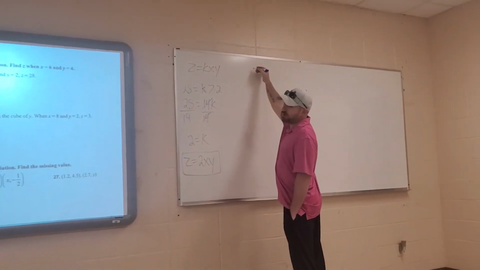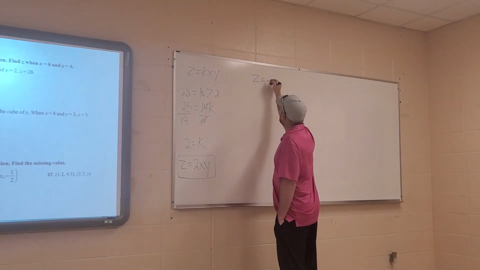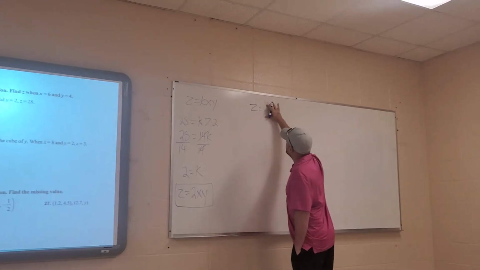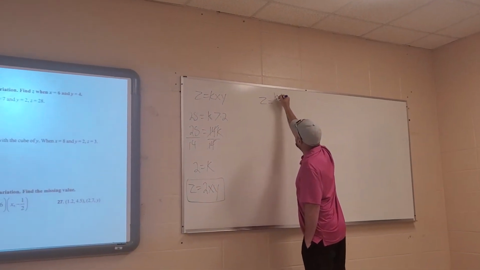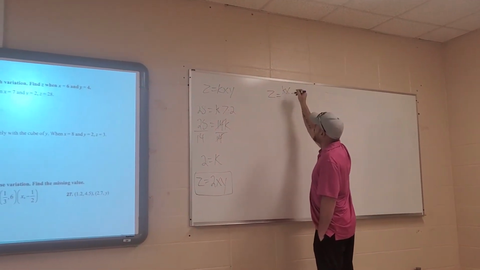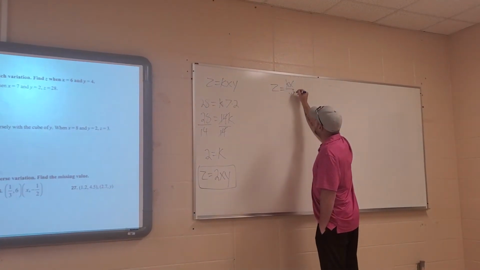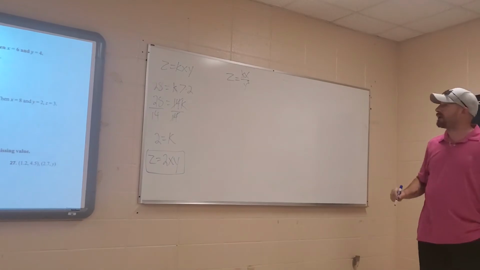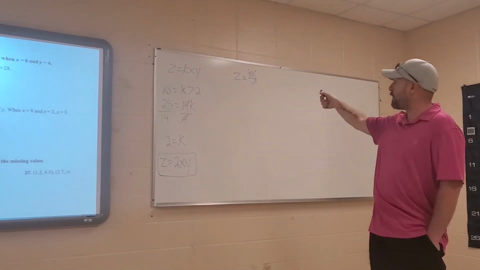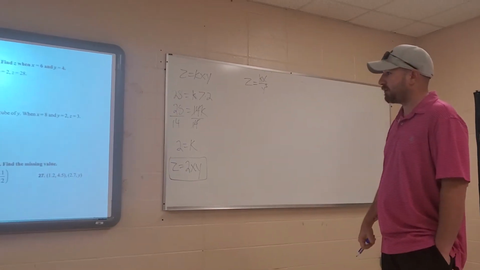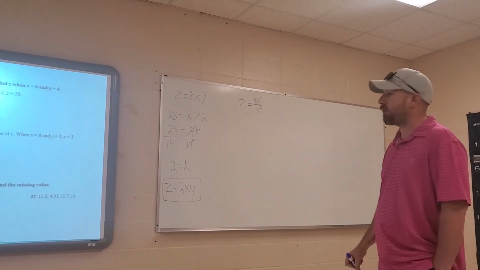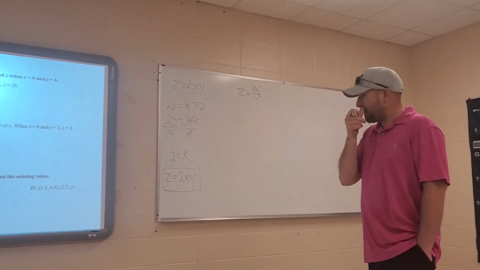So for number 24, you need to use z equals kx over y cubed. And you guys are going to have to plug in the numbers for number 24 and solve it from there. I'm not going to do the rest. You guys can do it. But you need to use z equals kx over y cubed. Okay.